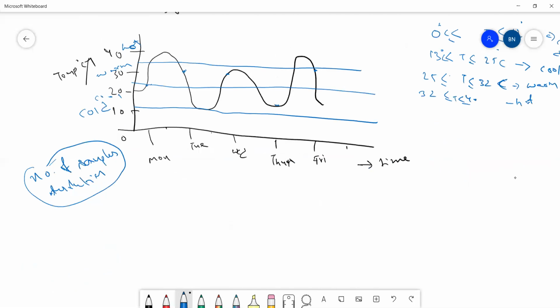Now for example, consider a thermometer which has 25 temperature readings, and this can take the readings 8 times per day.